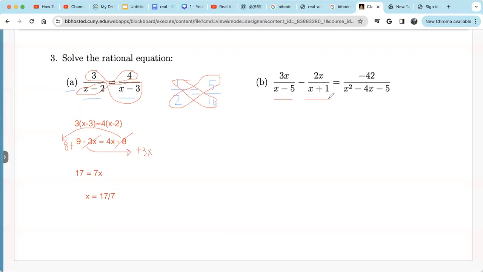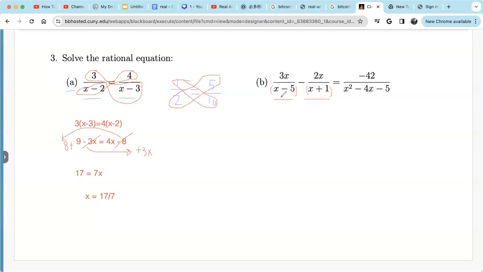So one way we could do is make those two have a common denominator, right? So let's consider x minus 5 as a factor, and x plus 1 as a factor. Well, x minus 5 is a linear expression, and also it's a prime expression.